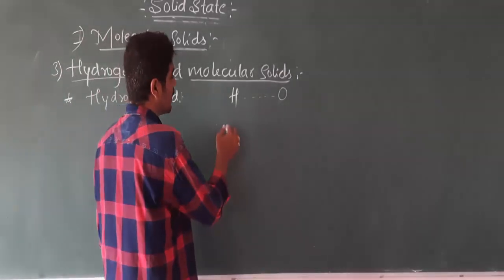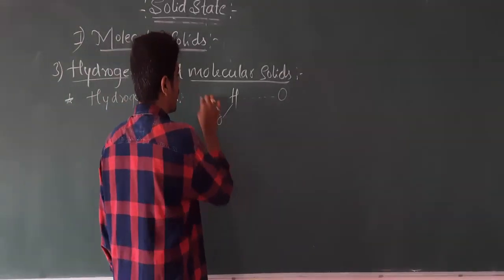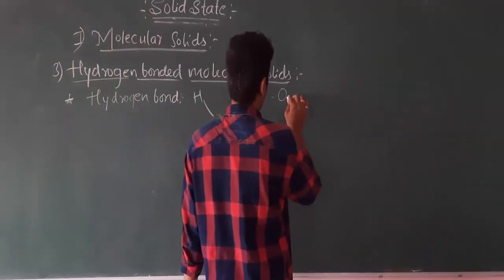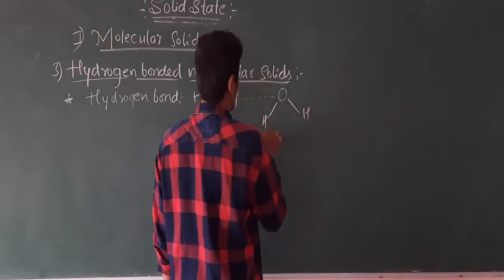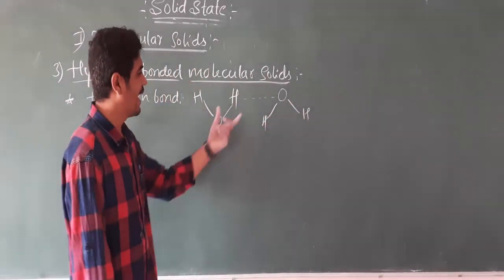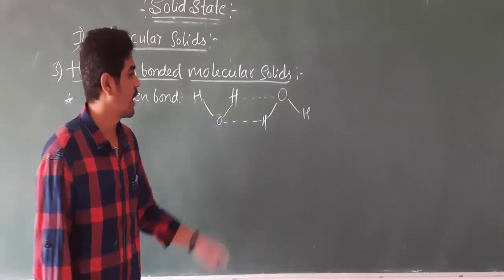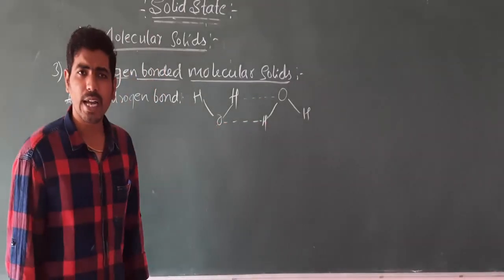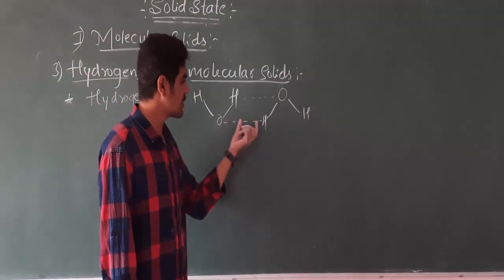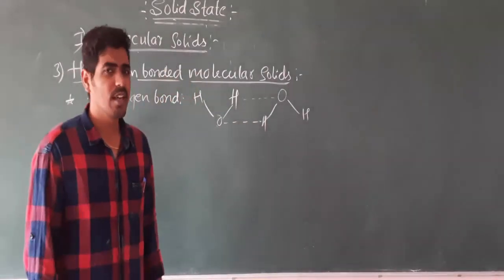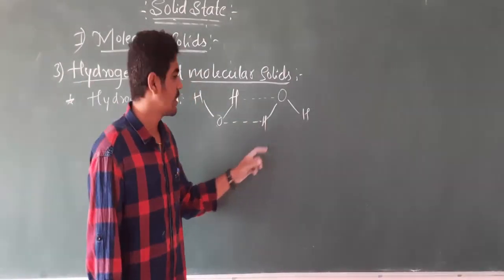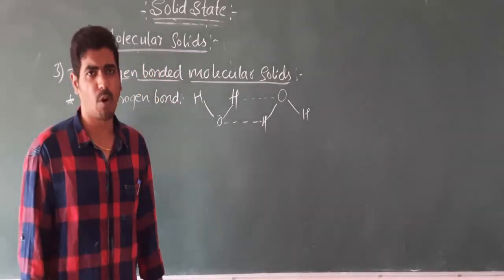So if I consider water, the two molecules of water are held by the hydrogen bond. The hydrogen and the more electronegative atom get attracted towards each other and form a bond that is known as a hydrogen bond.